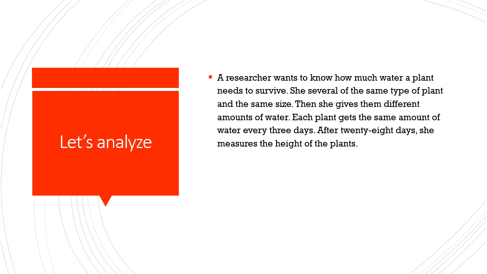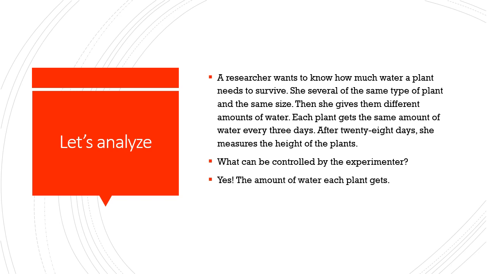Okay, so we have the researcher who wants to know how much water a particular type of plant needs to survive. Okay, so what can be controlled by the experimenter in this case? Okay, so yes, it's the amount of water that the plant gets. So guess what?